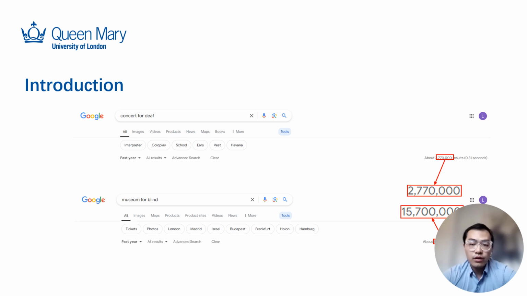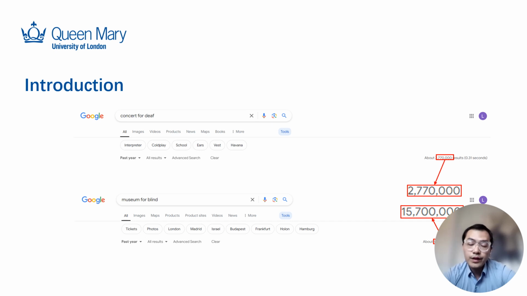According to data from the WHO, blindness and deafness are both common in the world, and they both have a significant negative effect on people's daily life. But if we search on Google for museum for the blind and concert for the deaf, this is what we got.